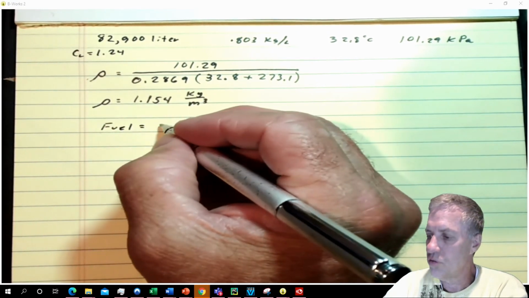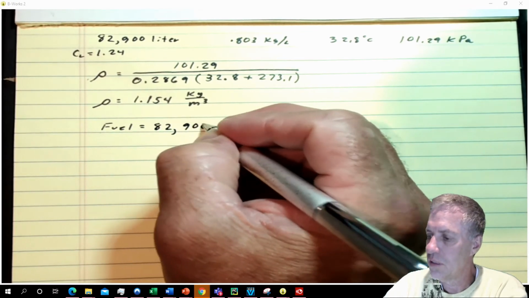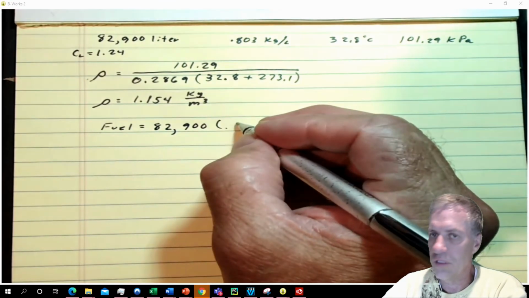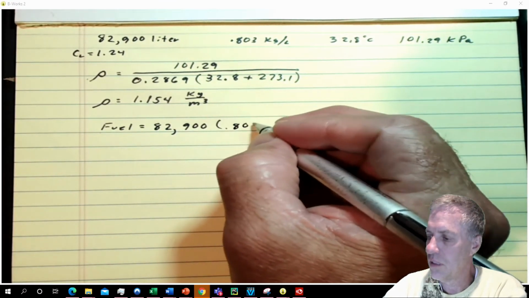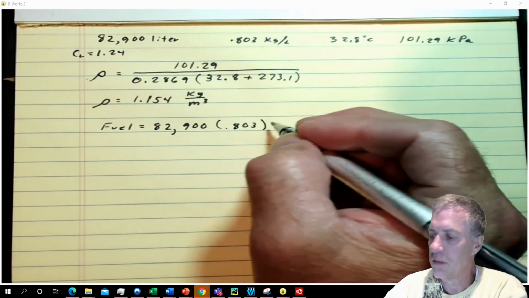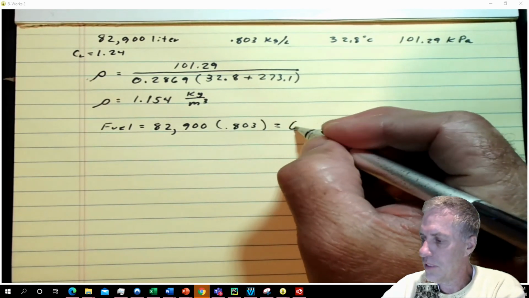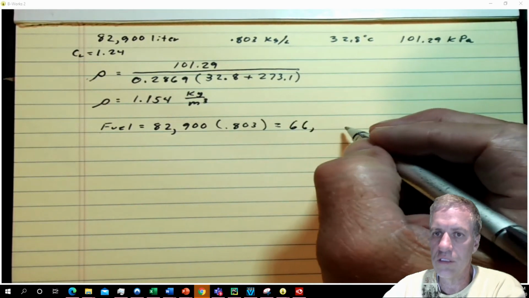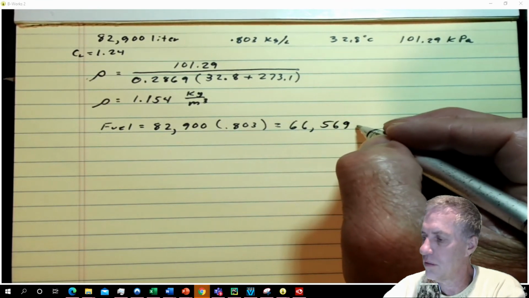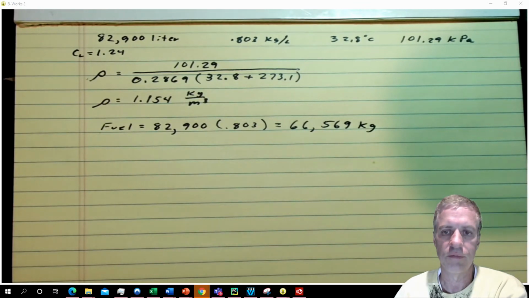So the fuel used was 82,900 liters times the 0.803 kilograms per liter, which comes out to 66,569 kilograms.